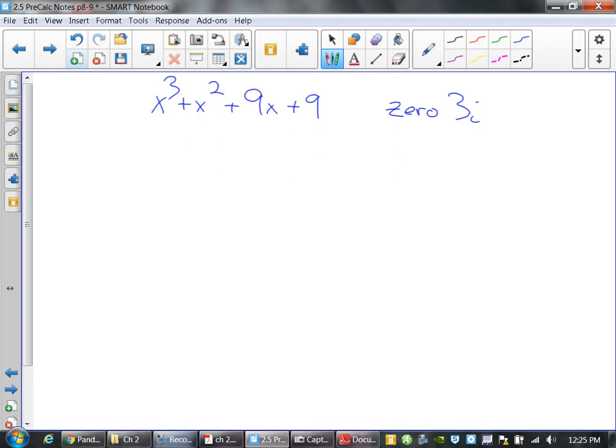Do you guys all agree that you can group that? Okay. Let me show you why this works. When you group that, you get x squared plus 9 and x plus 1, which means you have zeros at plus or minus 3i and negative 1.